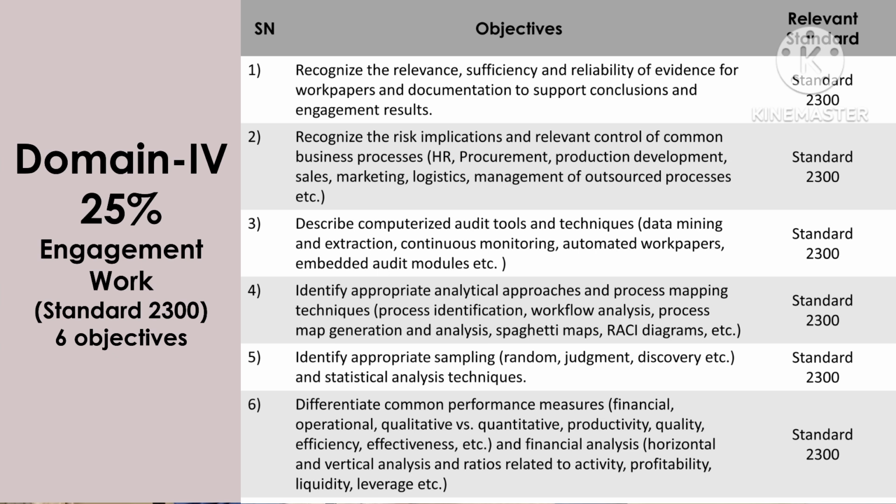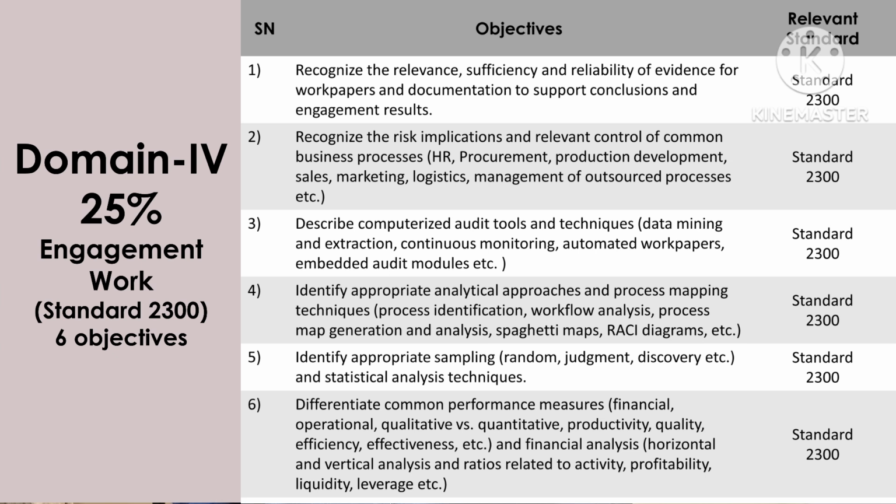Recognize the relevance, sufficiency, and reliability of evidence for work papers and documentation to support conclusions and engagement results. The second objective is recognize the risk implications and relevant control of common business processes. Number 3 is describe computerized audit tools and techniques. The 4th objective is identify appropriate analytical approaches and process mapping techniques.